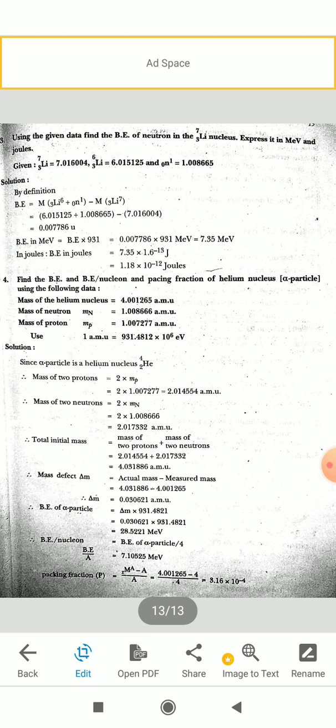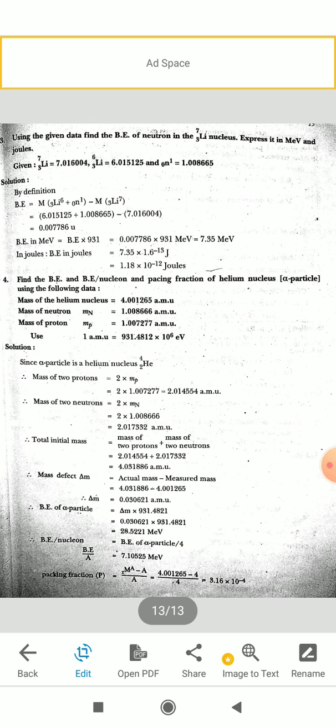By the definition of binding energy, what is given? Lithium-7 nuclear mass is 7.016004 units, the lithium-6 isotope is 6.001015 units, and the mass of a neutron is 1.008665 in atomic mass unit.